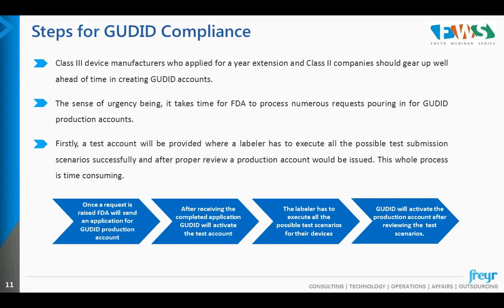Only when the successful submission of all these things happens, the FDA would then activate the production account. So the bottom line is the entire process is time consuming, and again stressing on the point that the labelers need to gear up at the earliest.